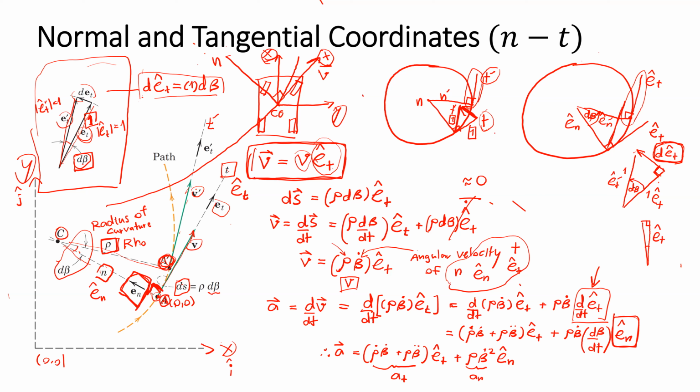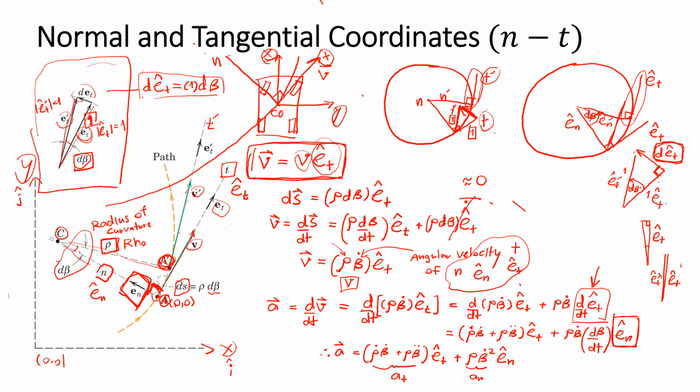If the angle d beta is very small, the difference between eT and eT prime is almost the same line between eT and eT prime.